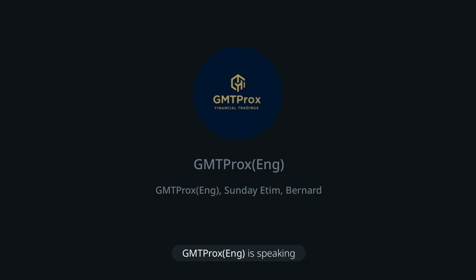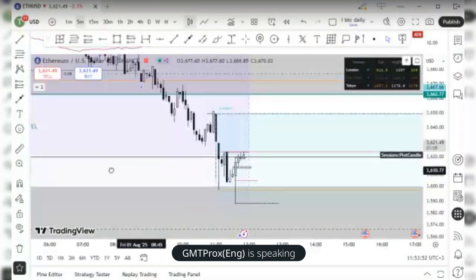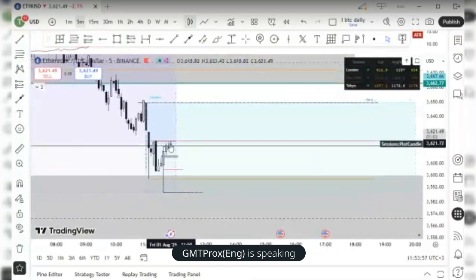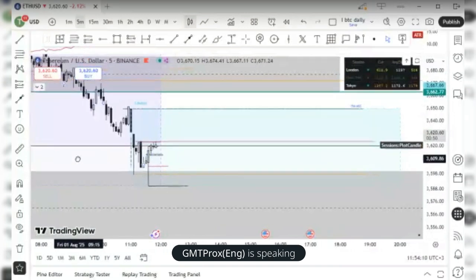So 1 minute and 50 seconds have remained. Now we need to see a breakout of this 15 minutes equilibrium level. So we will break out, and then we will get confirmation, which is our fair value gap. Once we get our fair value gap, which is nearest to our equilibrium, then it will be our entry.